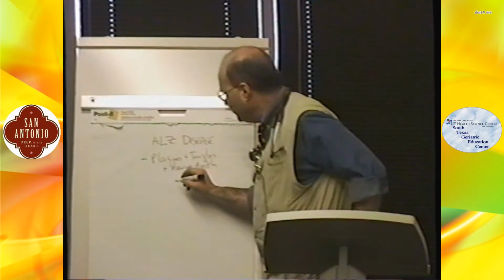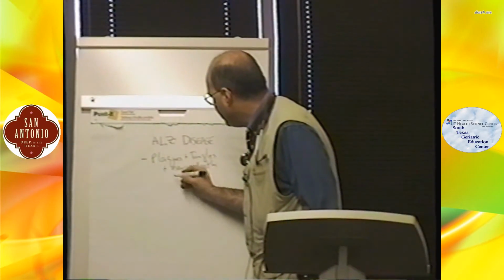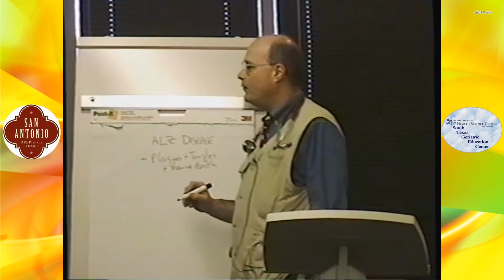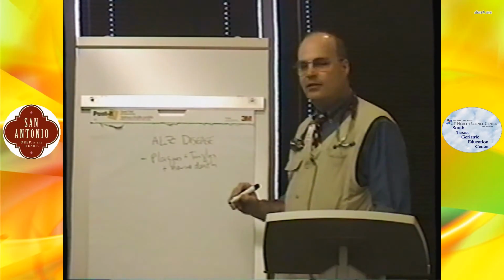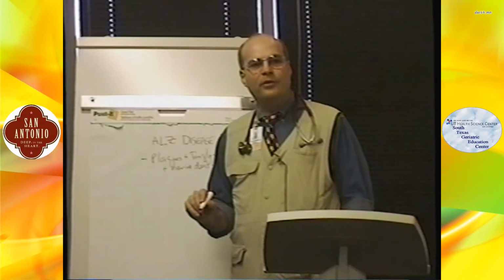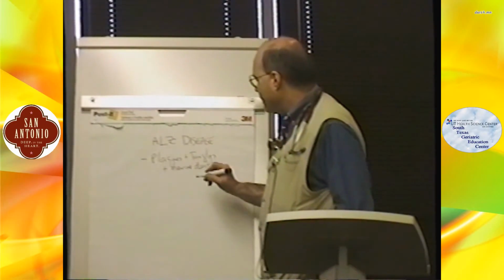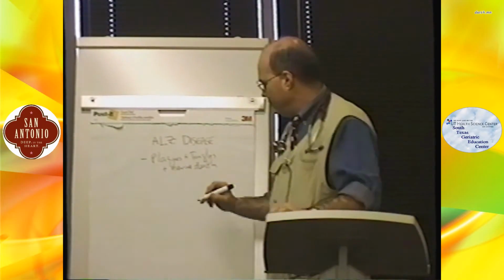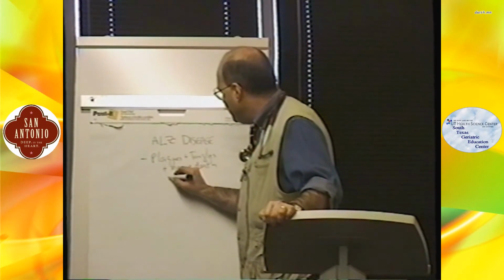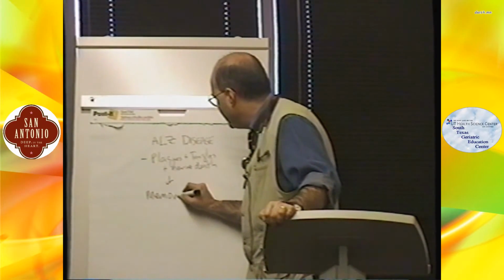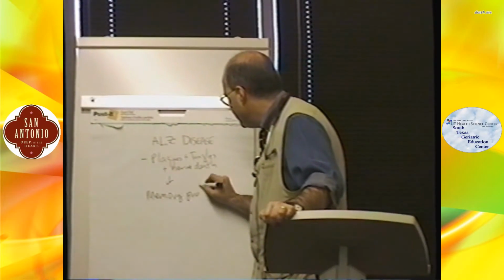Okay, so at the impairment level, this is a little bit tricky because I'm not sure the impairments and the functional limitations are going to get blurred a little bit. Short-term memory loss. Okay. All right, so we might have memory problems.